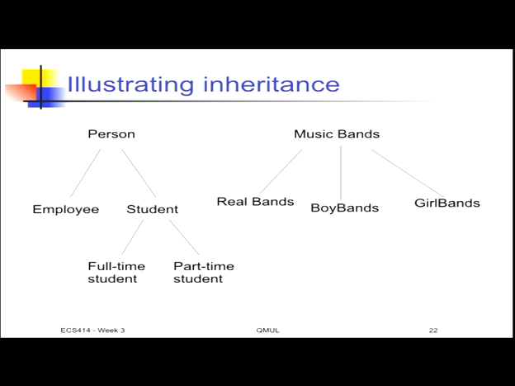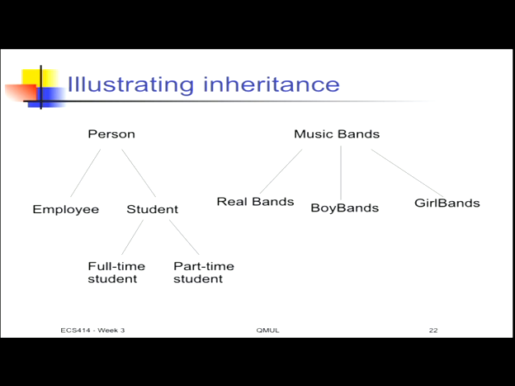When you are in doubt, just draw these trees and see if it makes sense from an is-a point of view. For example, music bands has no relationship with person or with student. So we wouldn't have an is-a relationship between those classes.